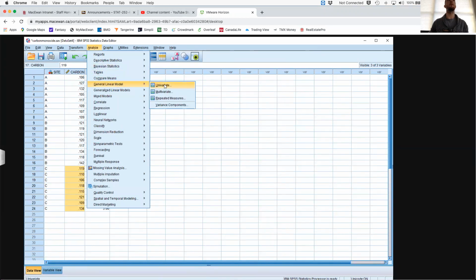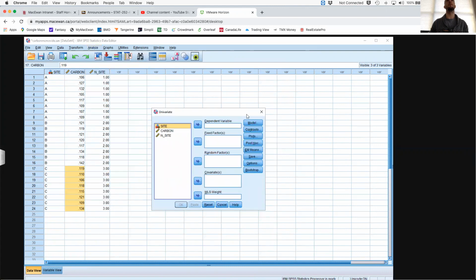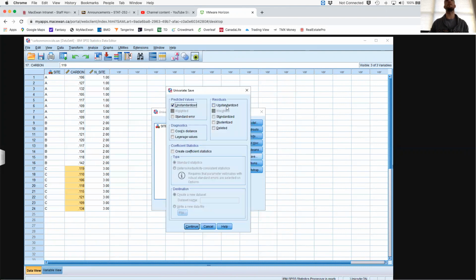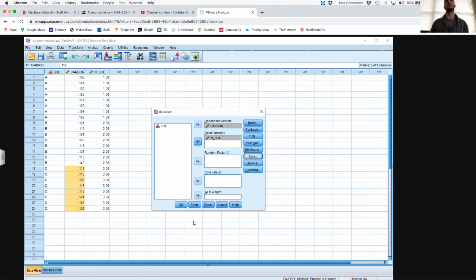So if we go general linear model univariate, carbon here, fixed factor here, then we click save and we go unstandardized versus standardized residuals. Okay, so I'm building a residual plot right now. Click OK.